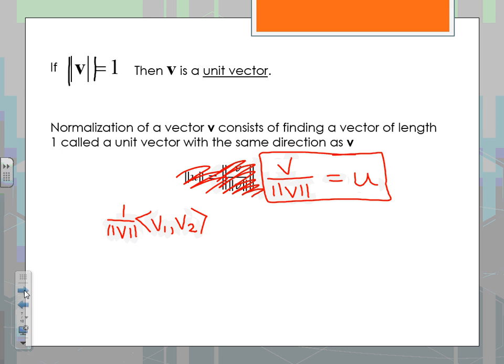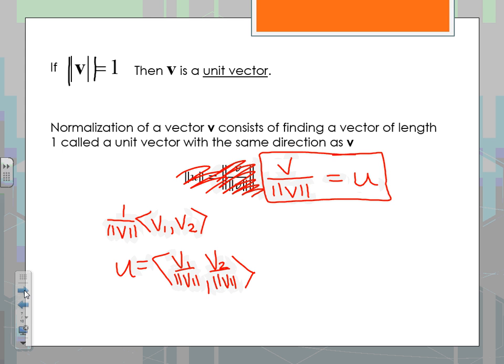Divide it by the magnitude, right? So then our unit vector would be this, right?